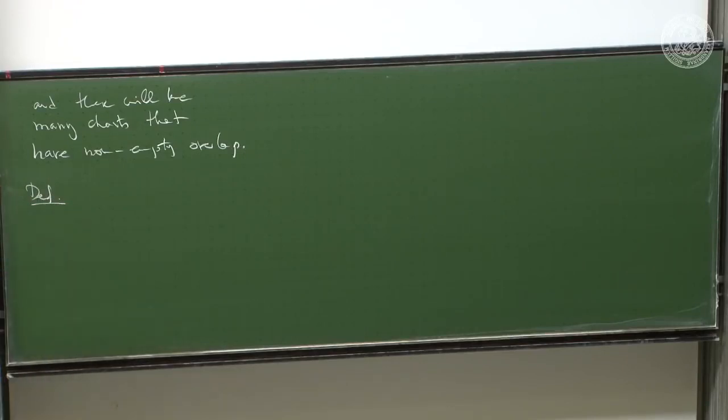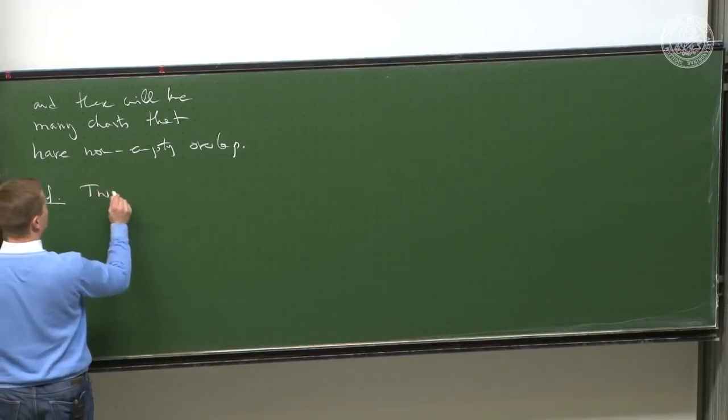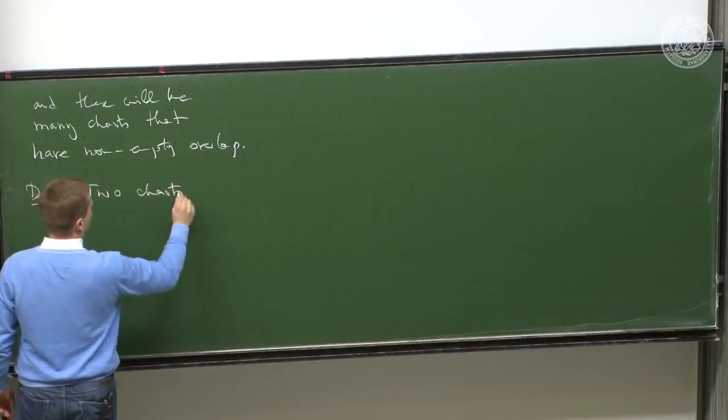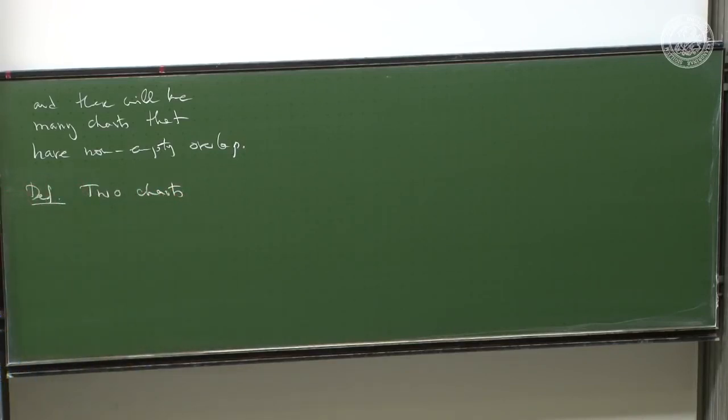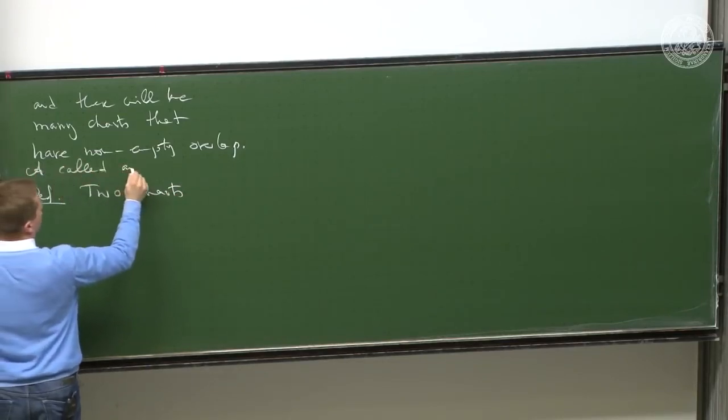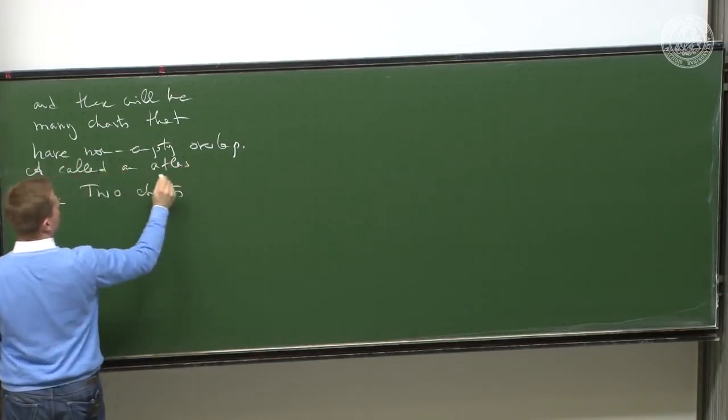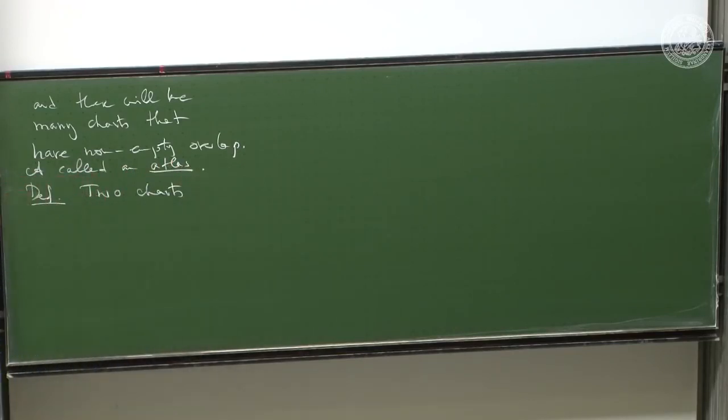Then we immediately have another fully redundant definition, which in later chapters will be changed slightly. Definition: such a collection of charts is called an atlas. A is called an atlas. And the idea is clear.